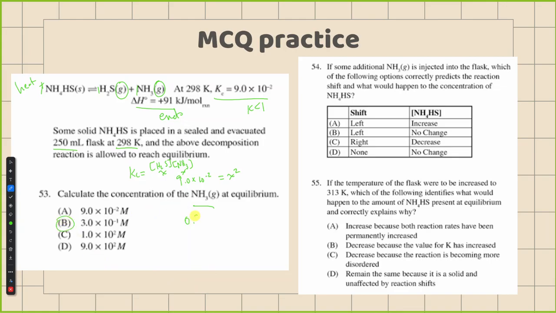So it looks like the answer should be B. I'm getting 0.30 molar. If some additional NH3 is injected into the flask, which of the following options correctly predicts the reaction shift? So if we're adding this, that means it's going to shift left.